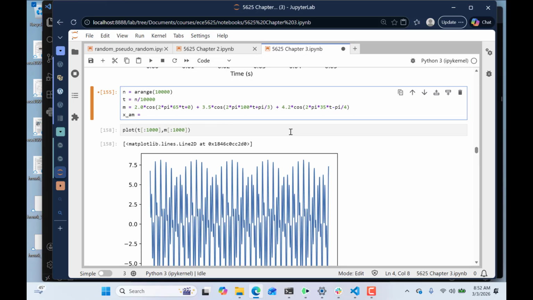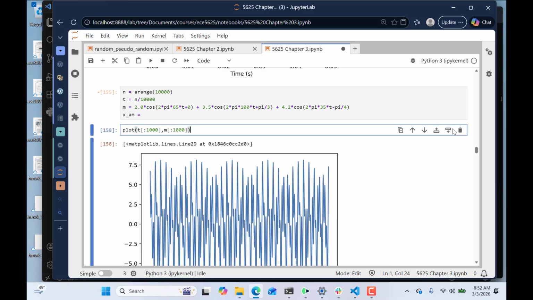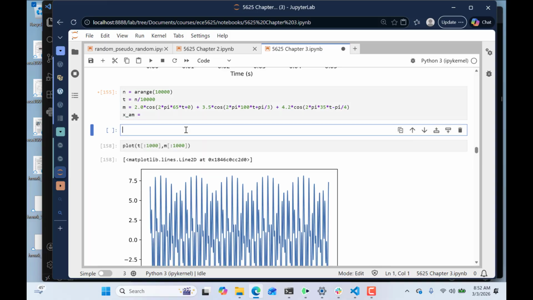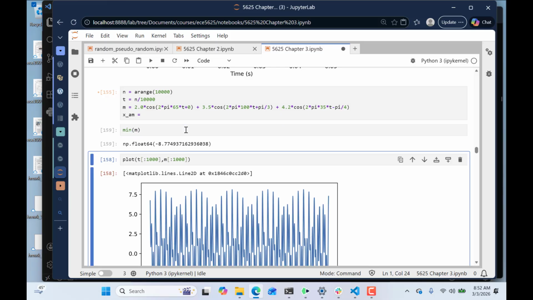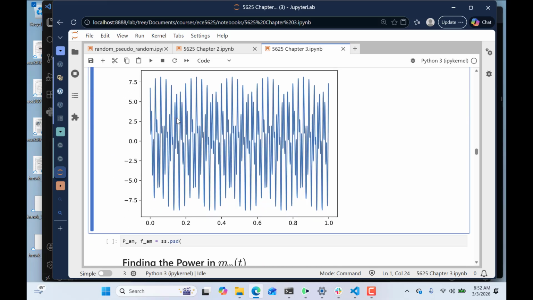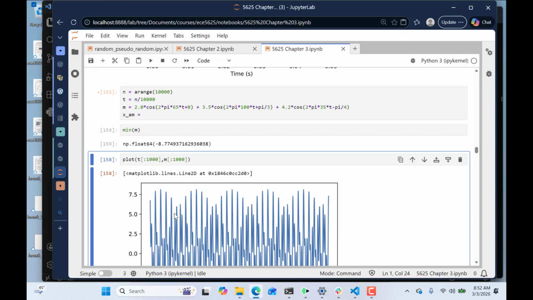I could go ahead and just throw in another quick test here and just say what is the min of M. Okay, so now with this sampling rate it's saying it's minus 8.77. I guess I must have changed some numbers in here because it's dropping down further. I'm not going to argue with it because maybe I just entered something differently here.